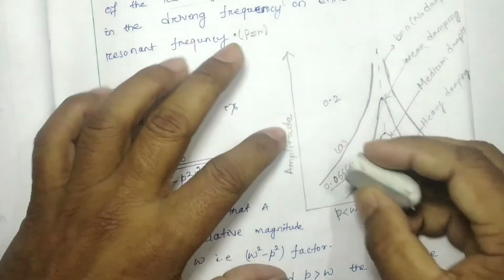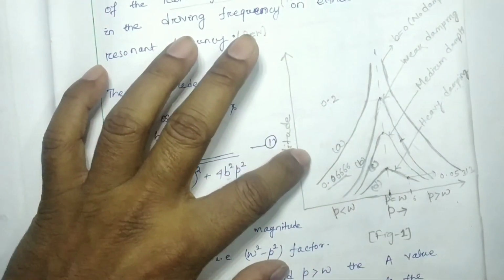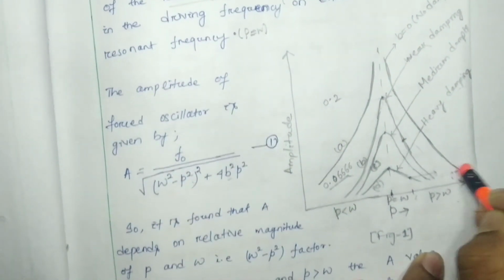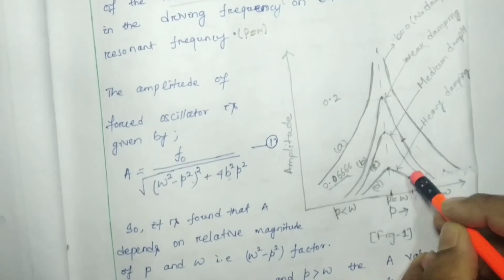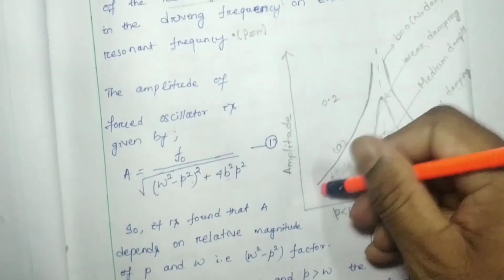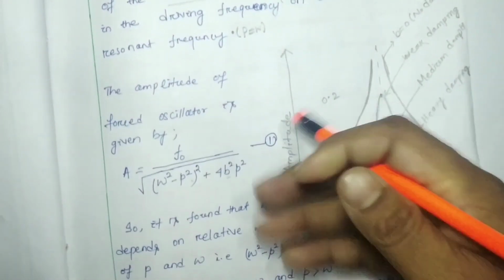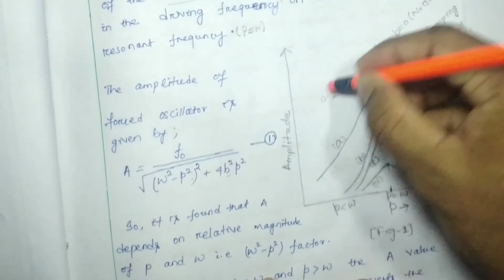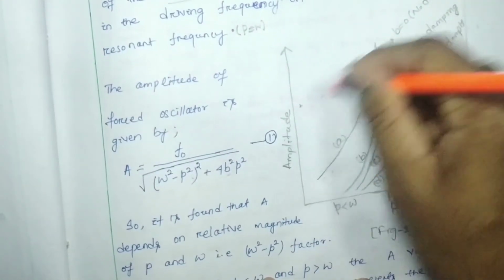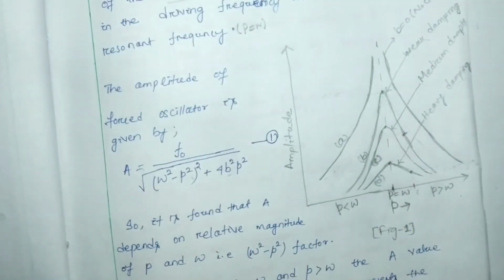So I am going to erase these things. I did these for your understanding, but I suggest that you draw only this figure in your note, and do this mathematical analysis in your rough on a separate page, and you can paste it here.